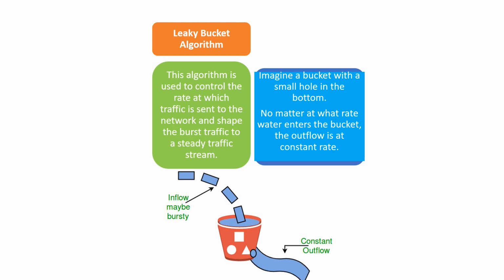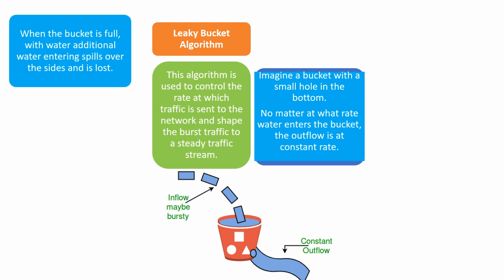The inflow may be bursty, but a constant outflow of water will be there in the leaky bucket because there is a small hole. When the bucket is full and additional water enters, it spills over the sides and is lost.